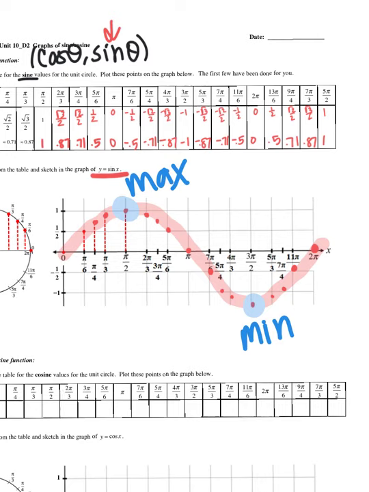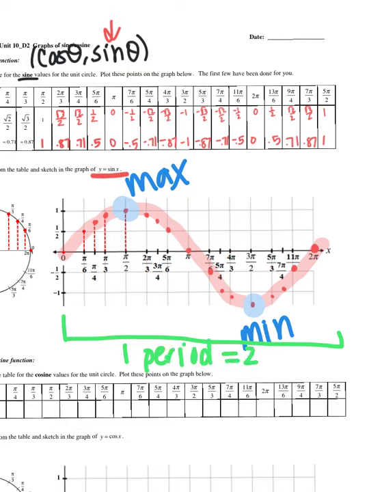The period is the length of one cycle. And what you see here is one sine cycle. So from 0 all the way to 2 pi, that is one period. And one period is 2 pi.